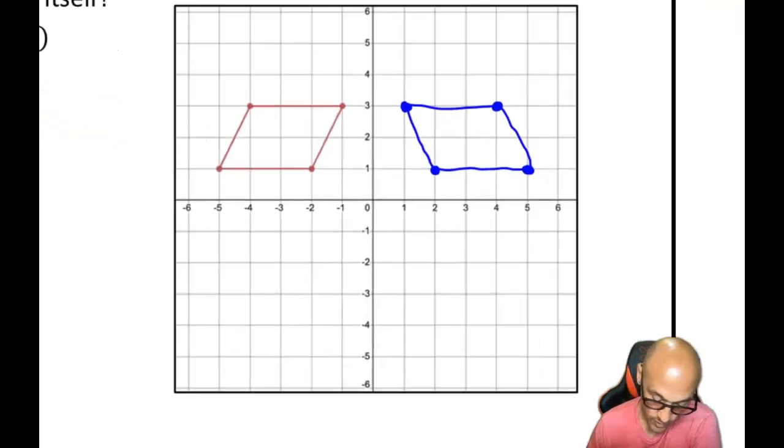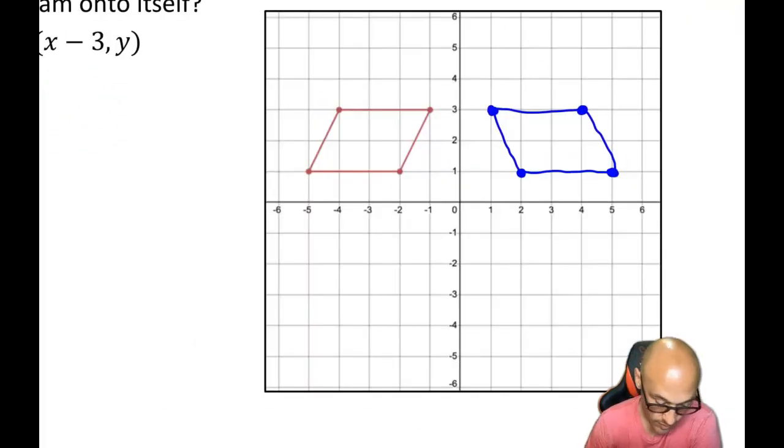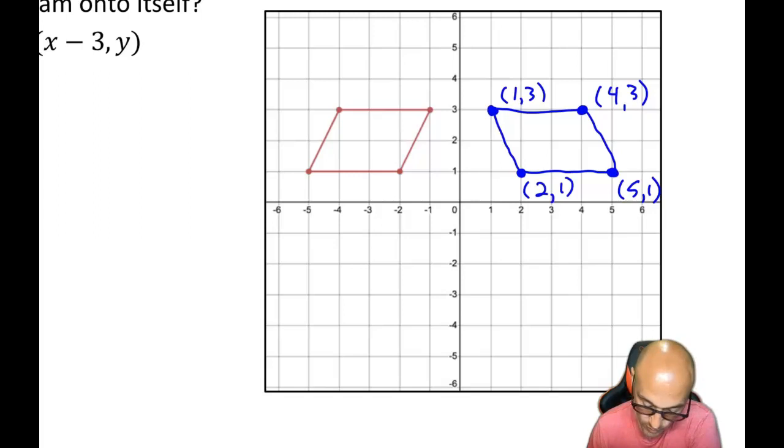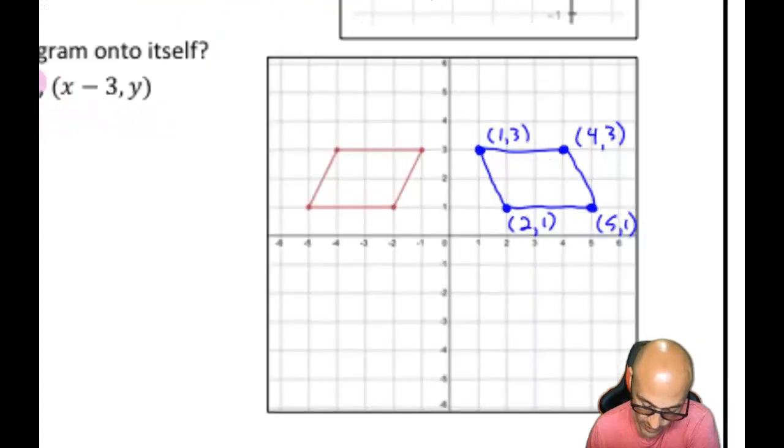It might be useful to first identify these points: 1, 3, 4, 3, 2, 1, 5, 1. So the x and the y switch positions, and the y value, when it moves into the x position, becomes negative.